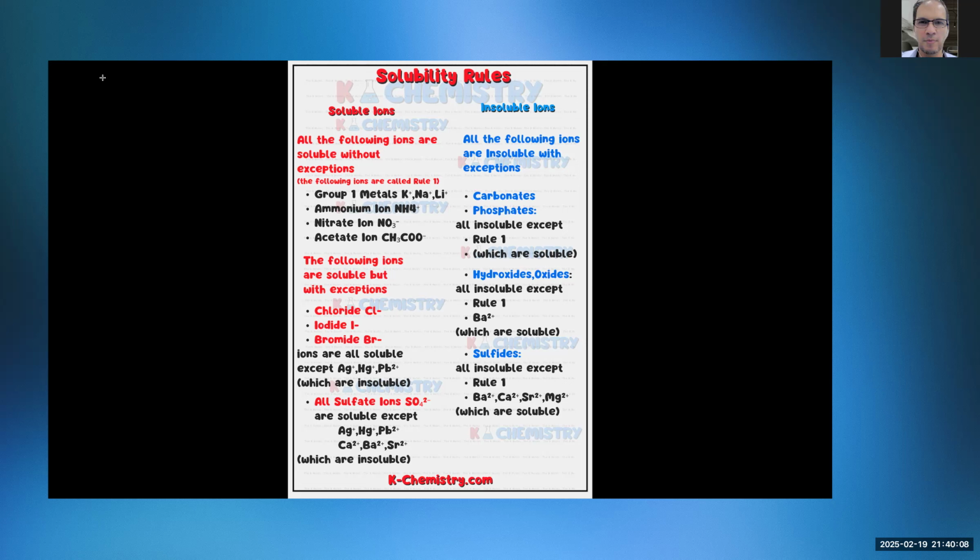Because they have no exceptions. If these ions come with any other ion, whatever the other ion is, potassium with any anion is soluble, ammonium with any anion is soluble, nitrate with any cation is soluble. So they have no exceptions. That's why I will call this rule number 1. This is the only rule that has solubility without exceptions.